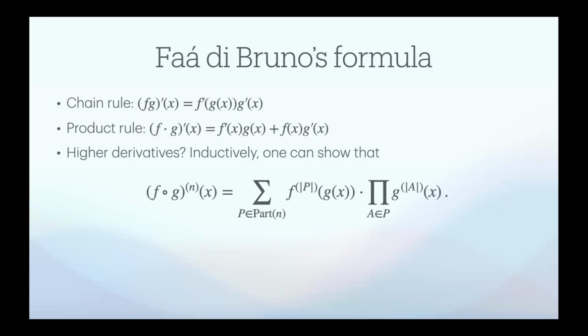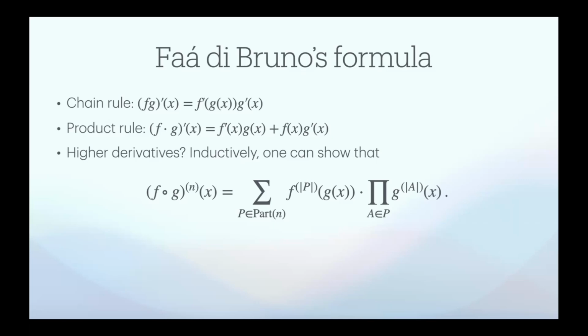The formula says that for the nth derivative of the composite of f and g, you get some large sum over partitions of n. I don't know how many people here are familiar with operads, but one might see that there's some vague similarity between this formula and what is called the composition product of symmetric sequences. So keep that in the back of your mind.